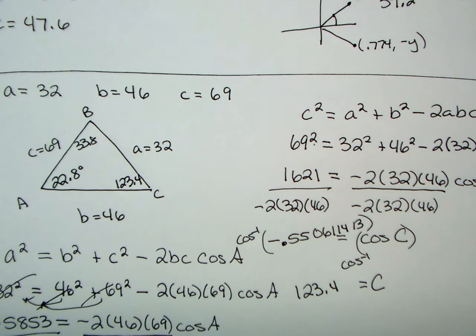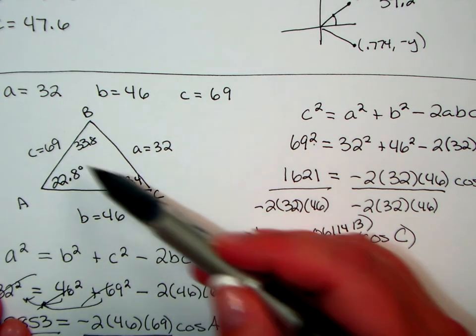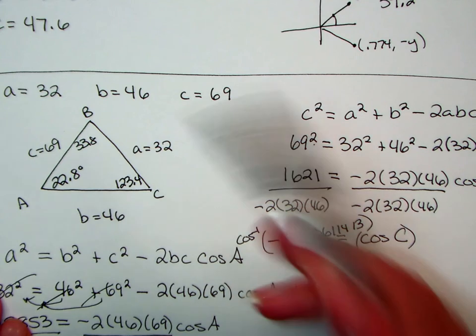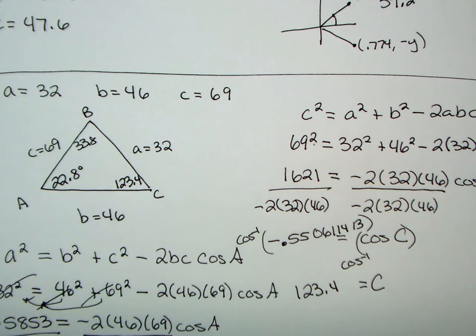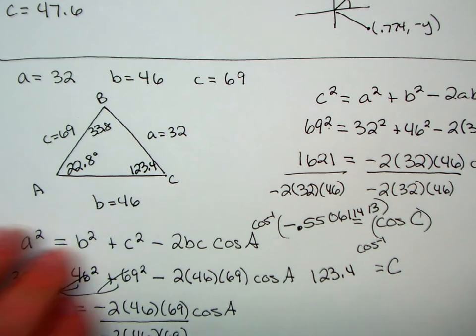Right. So the smallest angle is across from the smallest side, the largest angle is across from the largest side, and then angle B is there in the middle, right? So there's a lot of examples on law of cosines. Let's go ahead and do that word problem I was talking about. Okay. It's going to take a moment to write it down, but it is worthwhile.